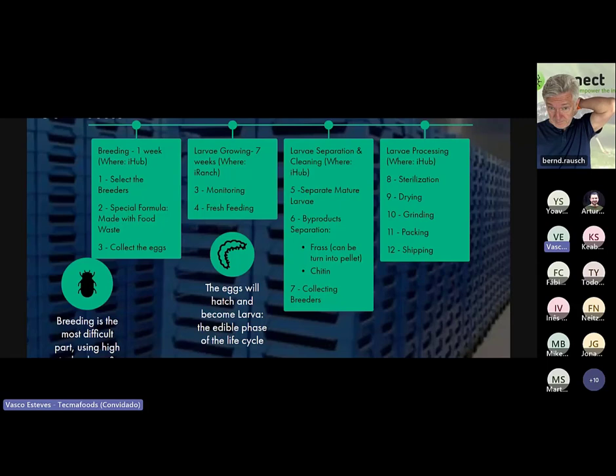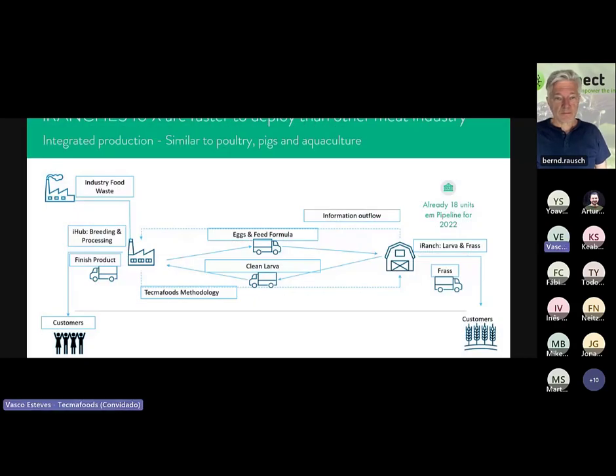Then we collect the live larvae, the frass, etc., and process them in a centralized facility. This is a picture of what we are doing now. Yes, we have logistics and the cost of logistics, but we can get the most out of it by using one voyage with 2 flows.